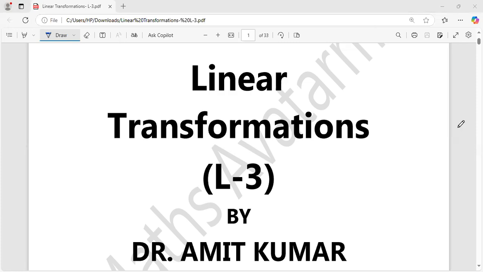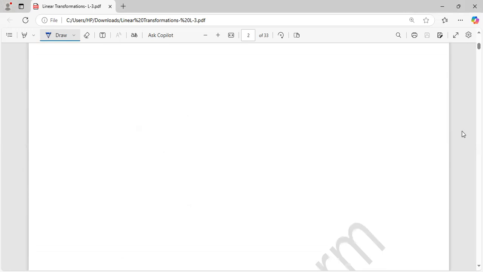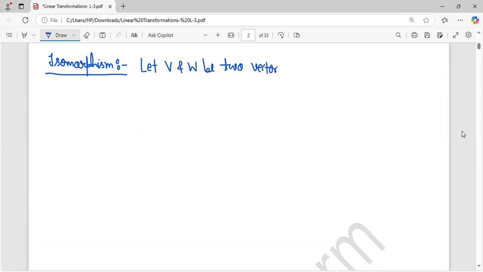Today we will study what is isomorphism. Let V and W be two vector spaces over the same field.